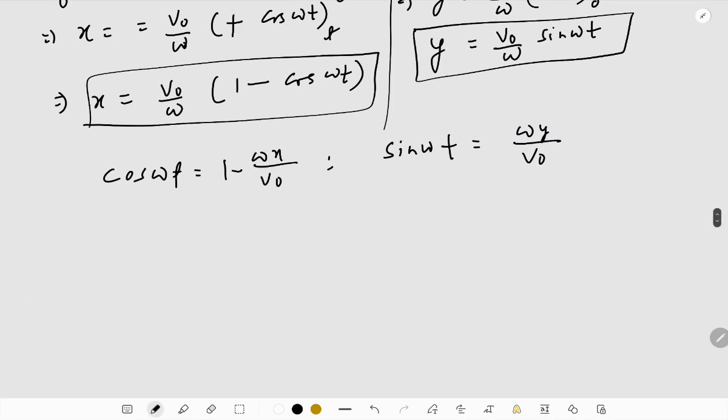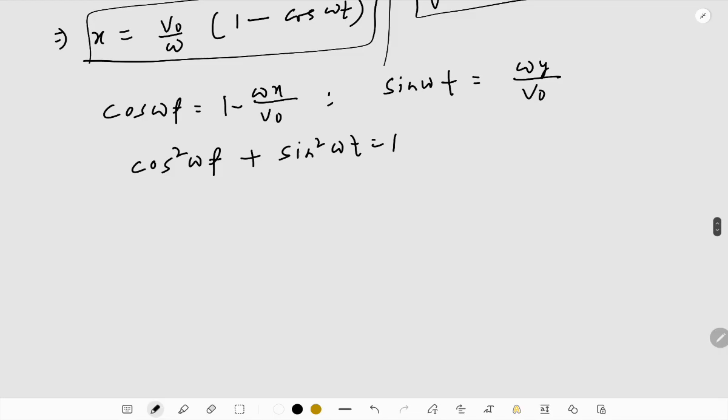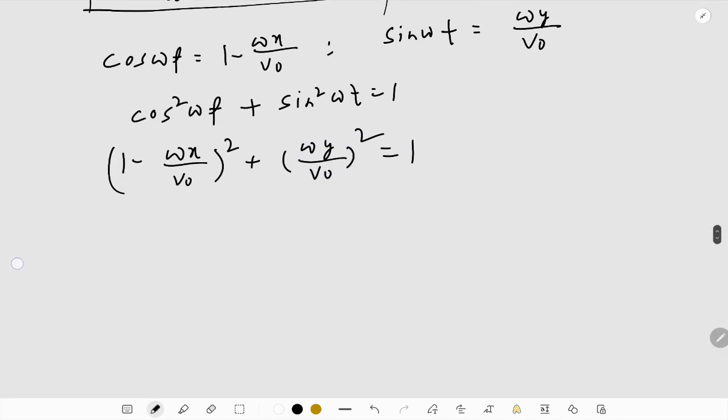And we know how to eliminate t now, because we know that cos square theta plus sin square theta equals 1. So I can write here (1 minus omega x by v naught) square plus (omega y by v naught) square equal to 1.